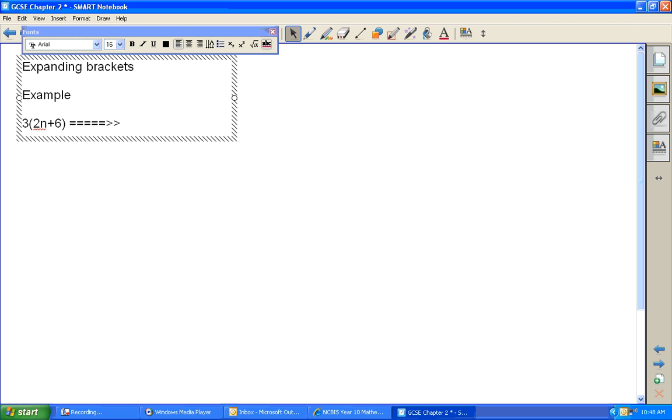So we multiply the 2n by 3 and the 6 by 3. We should get 6n + 18. Notice how I've multiplied the 3 times 2n, and the 3 times 6.